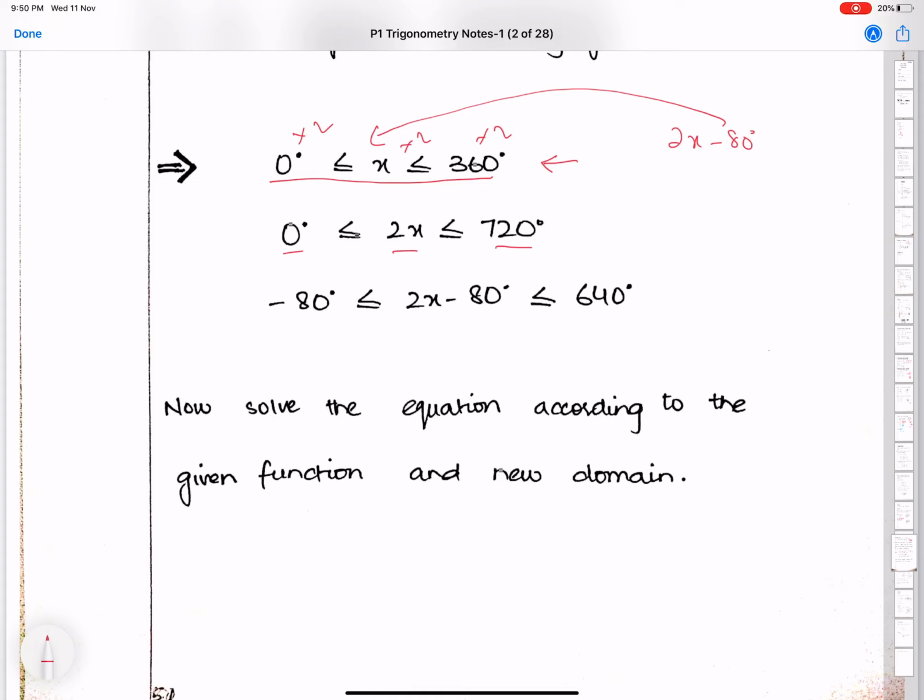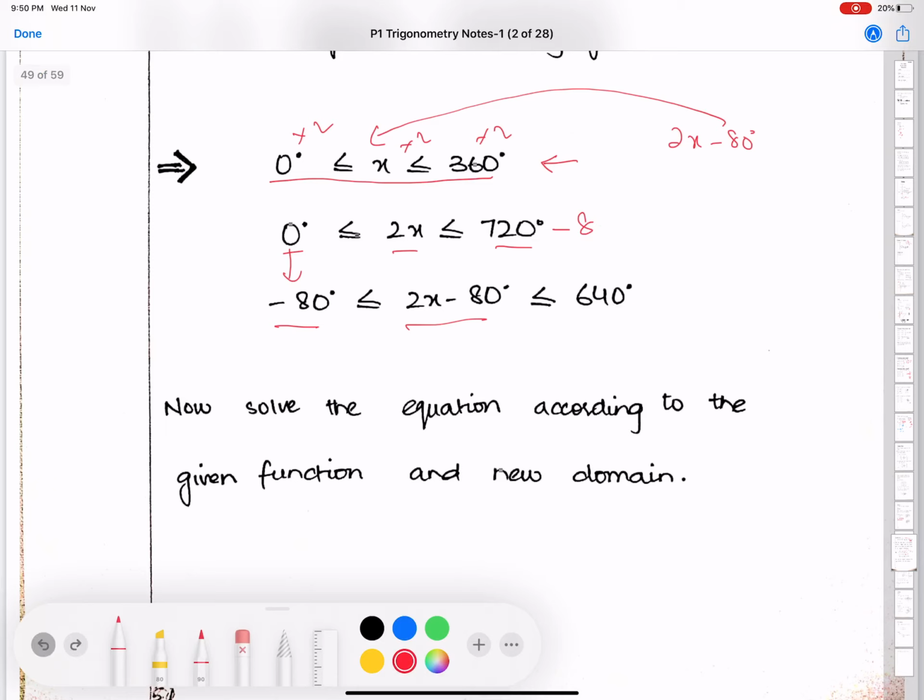Now we need to bring minus 80 in this inequality. 0 minus 80 makes minus 80, 2x minus 80, and 720 minus 80 makes 640. This is the way to change the domain. So use BODMAS in order to make the domain the same as the given angle. Now solve the equation according to this new domain.